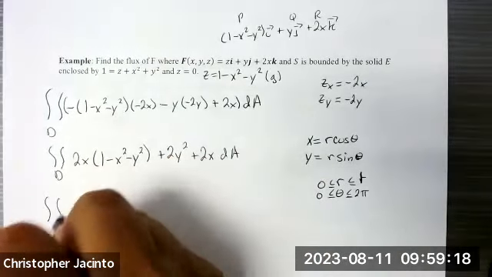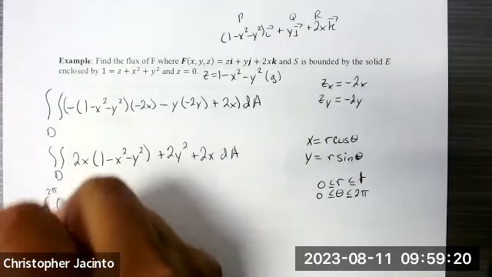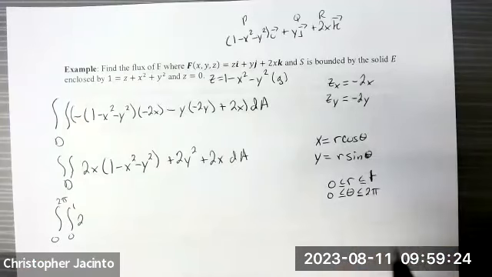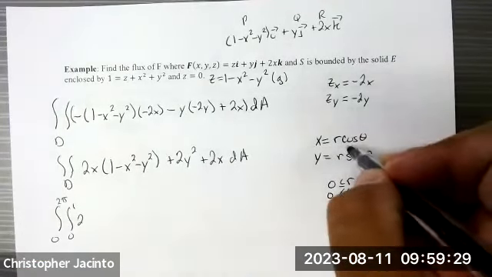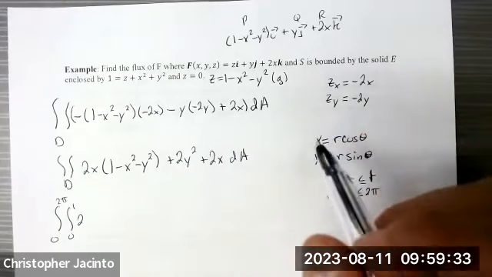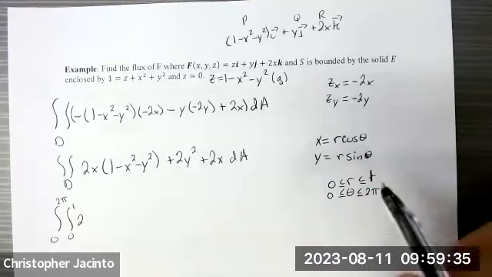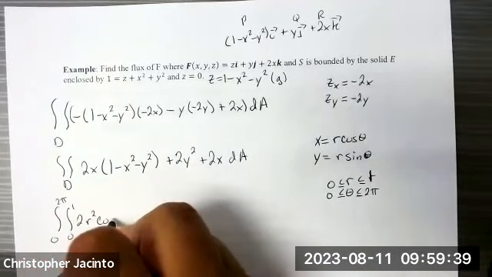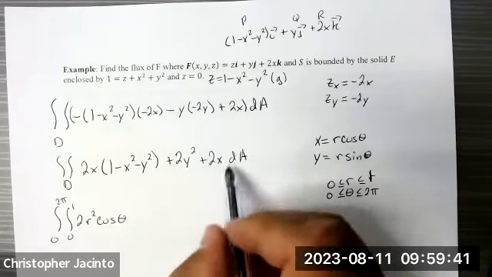So it's going to be the double integral of 2 times cosine. Now, remember, when we convert to polar, you multiply by r, right? So I'm going to already multiply by r. So for example, instead of 2x, it's going to be r squared cosine theta, because I already multiplied every term.